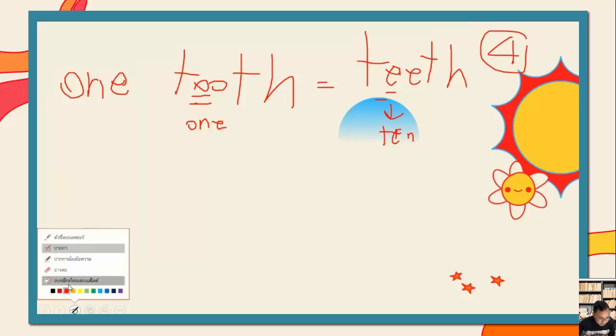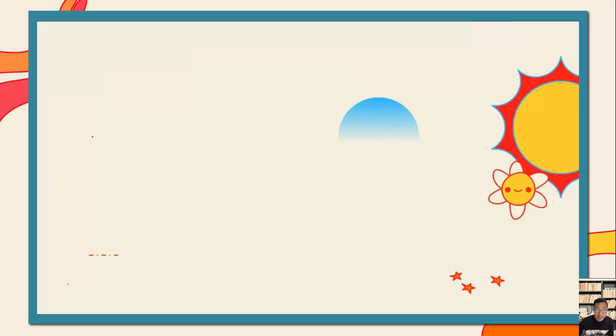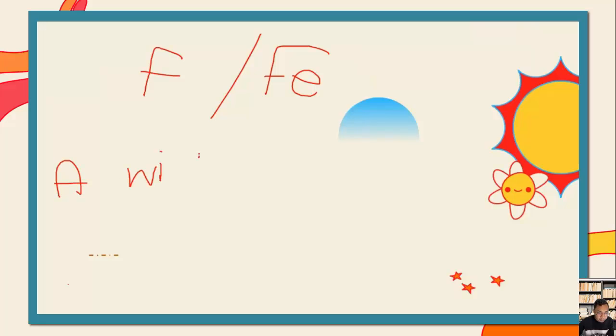นักเรียนดูตรงนี้ a word that ends with f or fe, เราจะทำอย่างไรให้มันเป็น plural noun? For example, a wife ภรรยาหนึ่งคน.